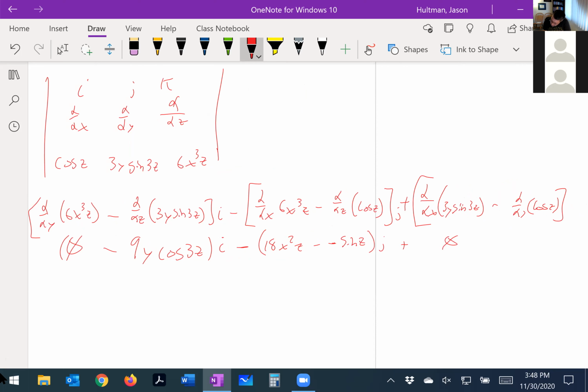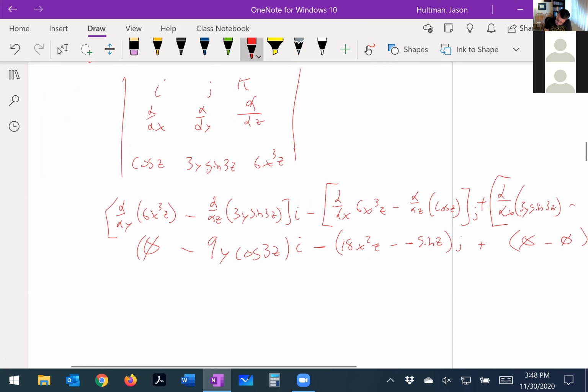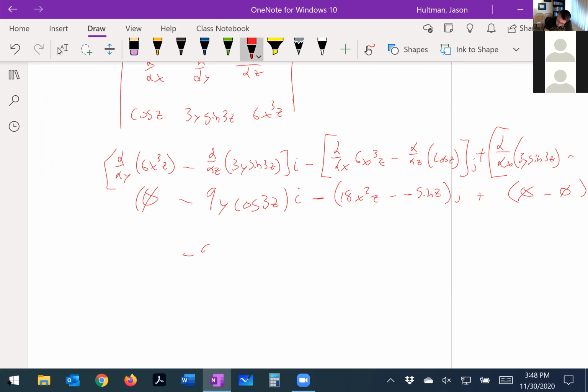And d dy of cosine z, well, that's just 0. So this is negative 9y cosine 3z i minus 18x squared z plus sine z j. Okay, so that's the curl.